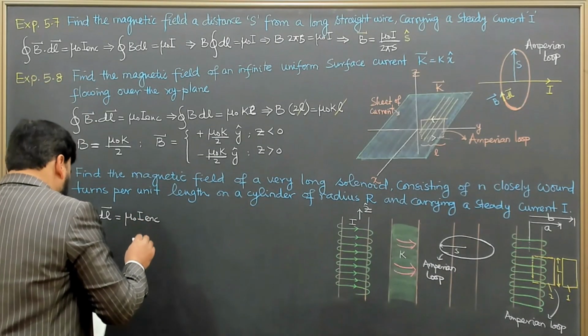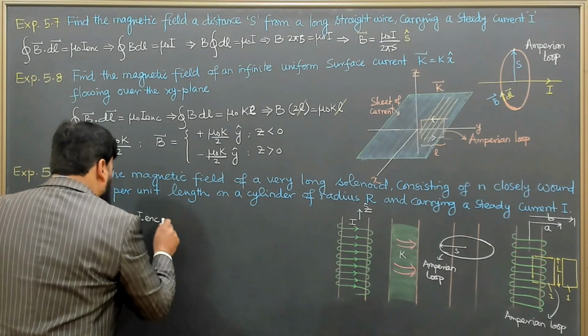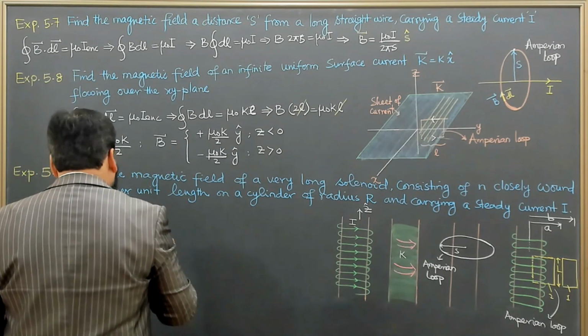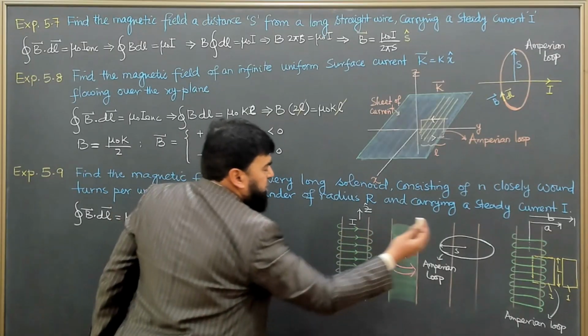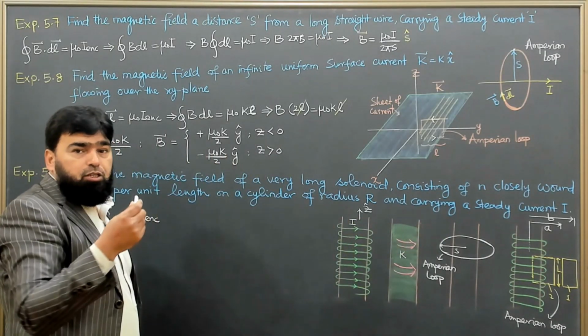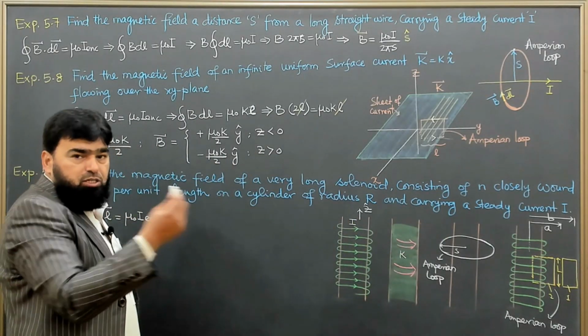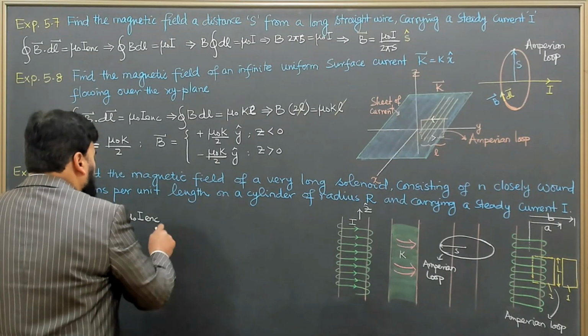Here, I'm considering the magnetic field in the circumferential direction, the phi direction, so this is B phi.